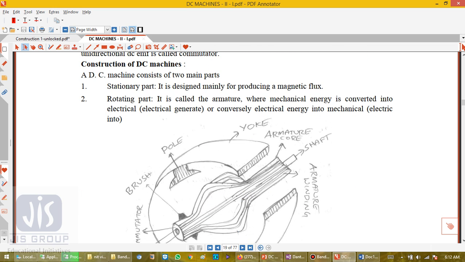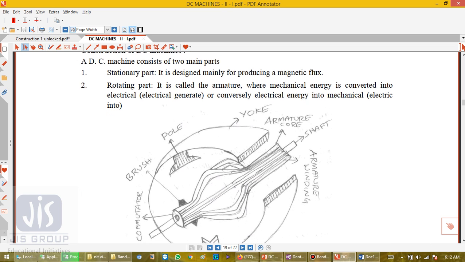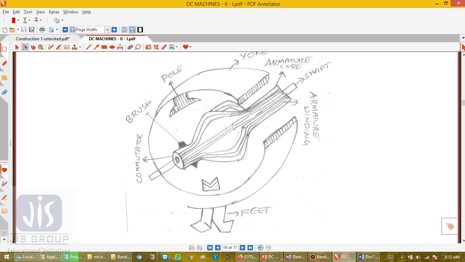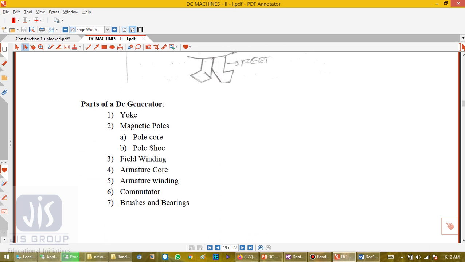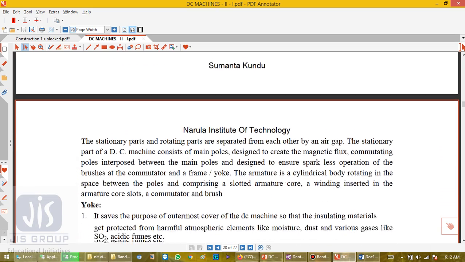Let me recapitulate whether I have covered everything or not in the construction. Bearings.